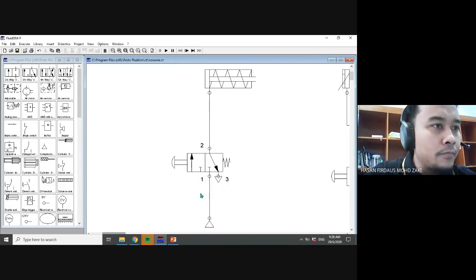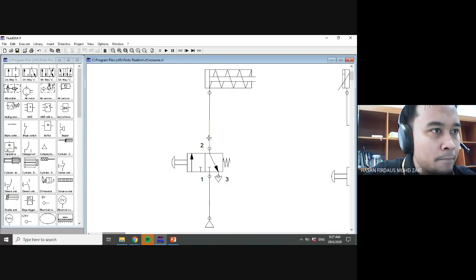What if we choose this one? Now we push this button, so this position will take place. The air pressure from the source goes to port 1, then port 2, then to our single acting cylinder and pushes it, meaning it is in advanced position.